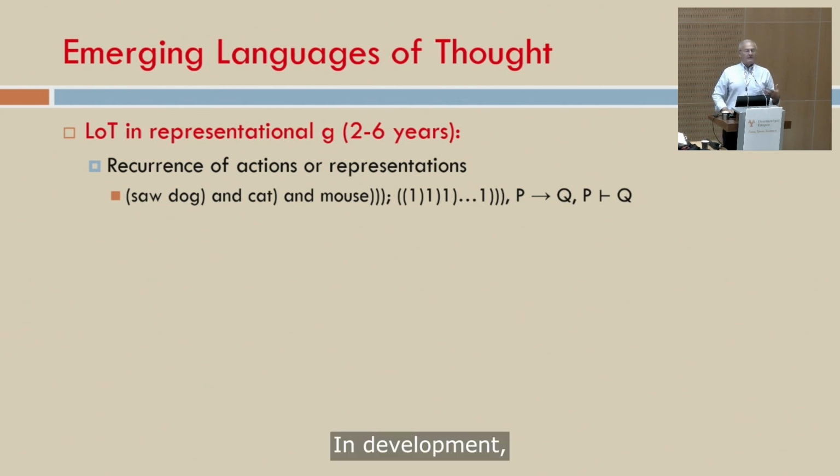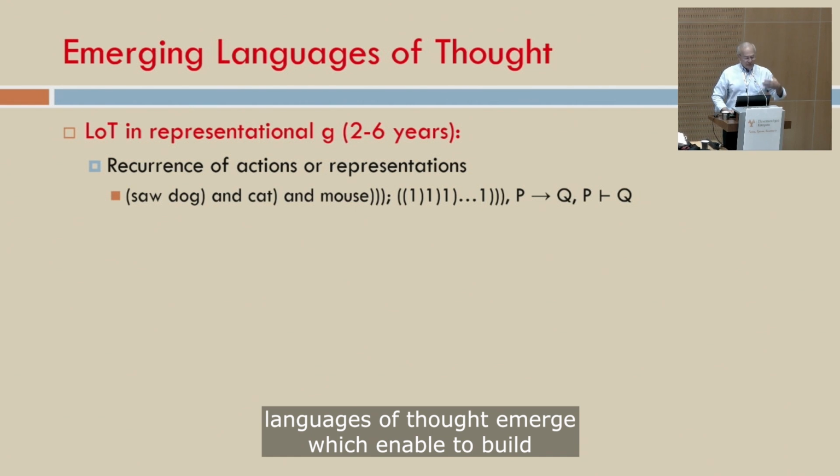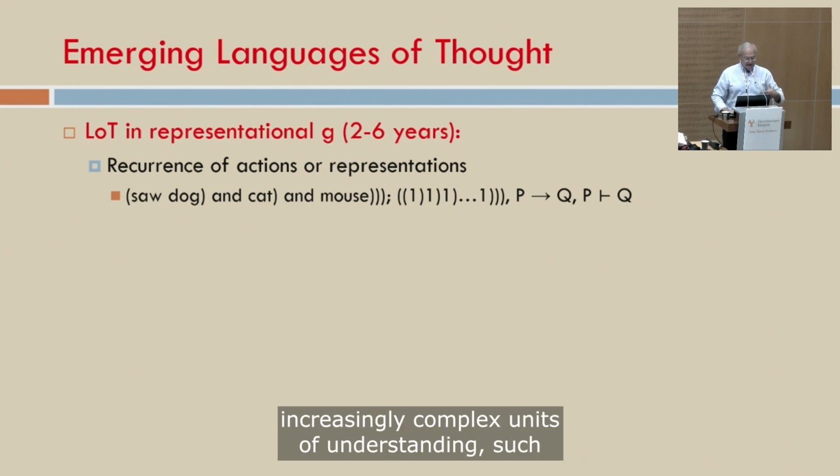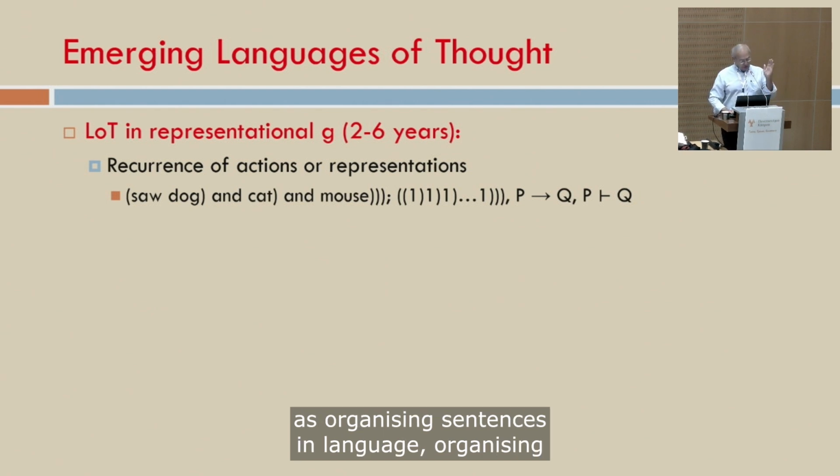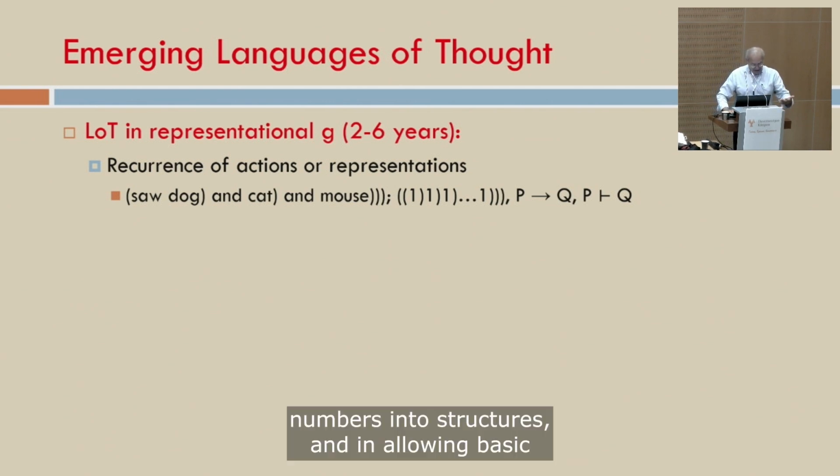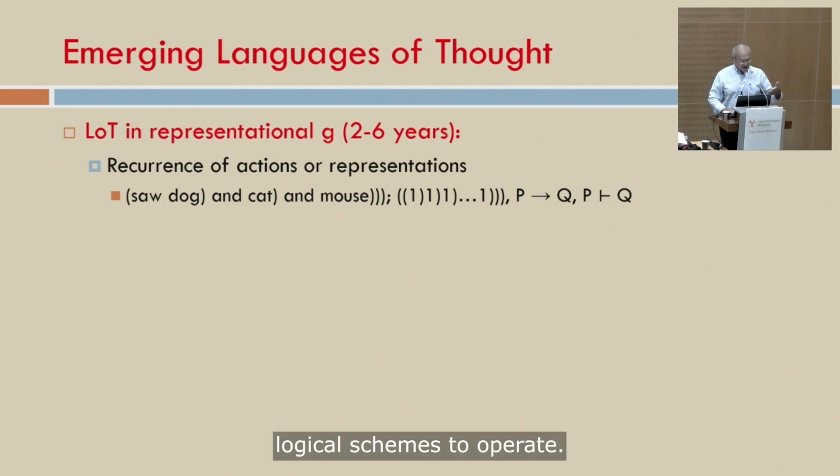In development, languages of thought emerge which enable us to build increasingly complex units of understanding, such as organizing sentences in language, organizing numbers into structures, and allowing basic logical schemes to operate.